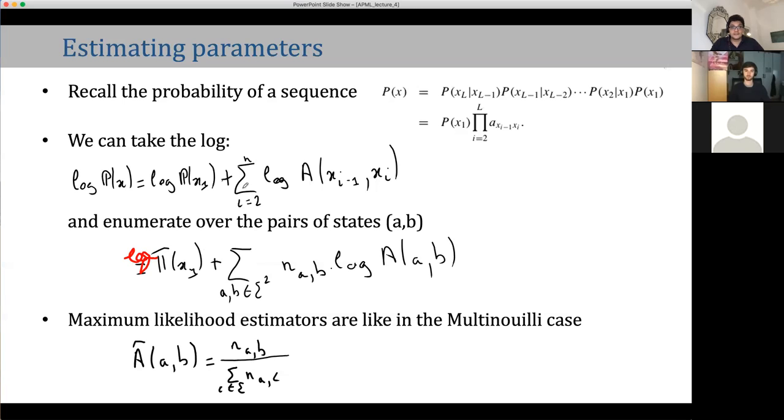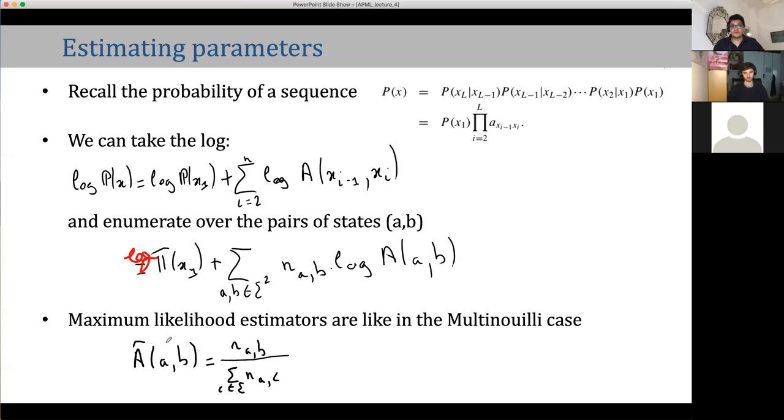You can maybe write that out on your own to be sure, but you can see easily that the log likelihood is just the log of the first element plus the sum over all the pairs of states of the number of times I observe A followed by B, times the log of this, which is the parameter we want to estimate. And you see we again get back to this weighted sum of logs of our parameters, where we saw that the maximum of this function is obtained when I normalize the count by the sum of the marginal counts.